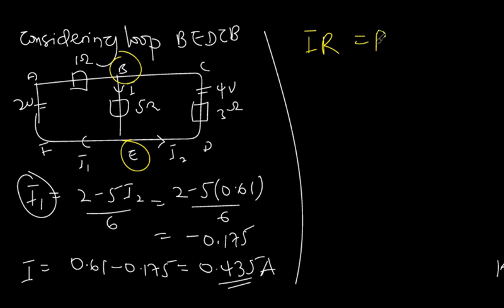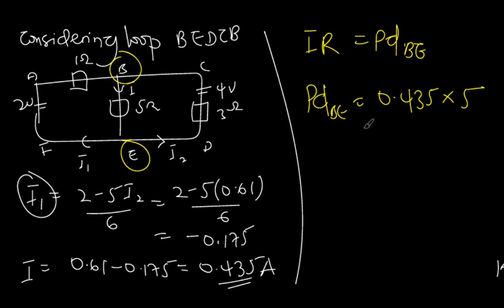So the potential difference across BE is equal to the current, which is what we found over here, 0.435, times the resistance, which is 5. So if you multiply this, we are going to get 2.175 volts.